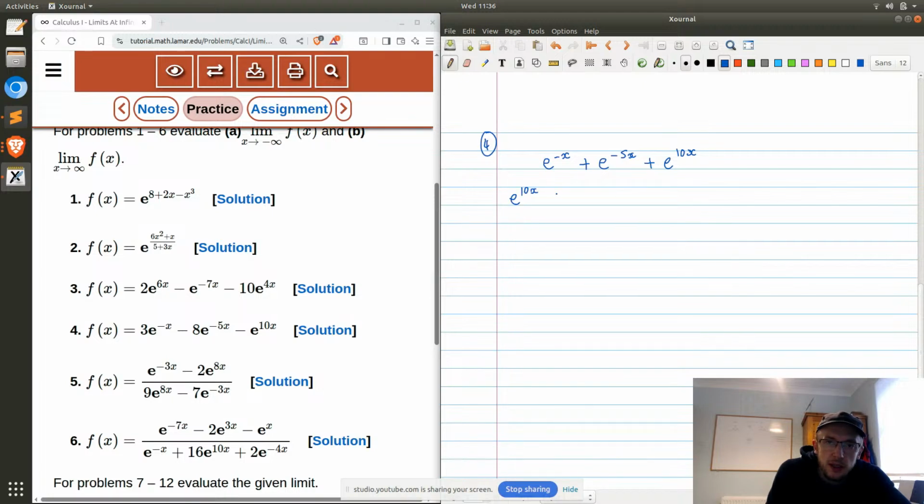So if I were to factor out e to the 10x, then that would turn into a 1, of course. And what would happen to this? Well, I have to do e to the minus 5x divided by e to the 10x. And so minus 5x minus 10x, so minus 15x. And then e to the minus x divided by e to the 10x, so e to the minus x minus 10x. So you'd get this.